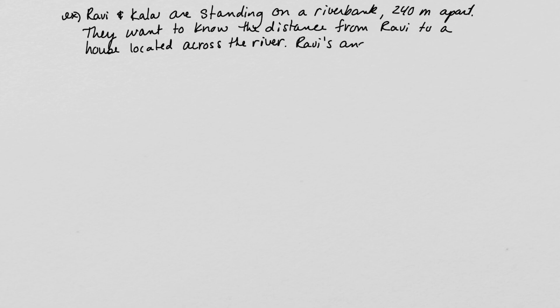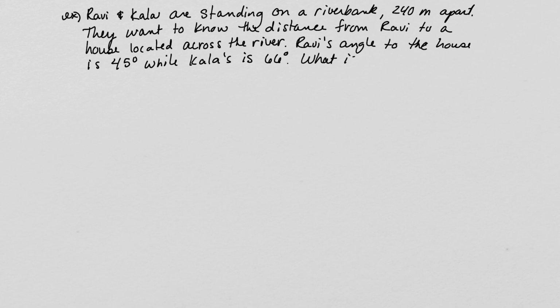Ravi's angle to the house is 45 degrees, while Kala's is 66 degrees. What is the distance from Ravi to the house?